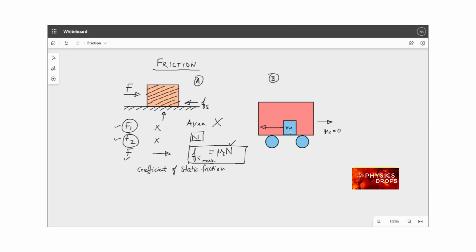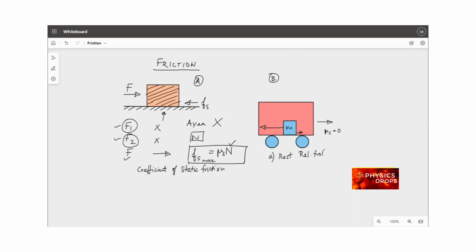Which means if I give some opposing force, namely friction, between the block surface and the trolley surface, and the friction opposes the movement backward, then eventually the block remains at rest relative to the trolley.